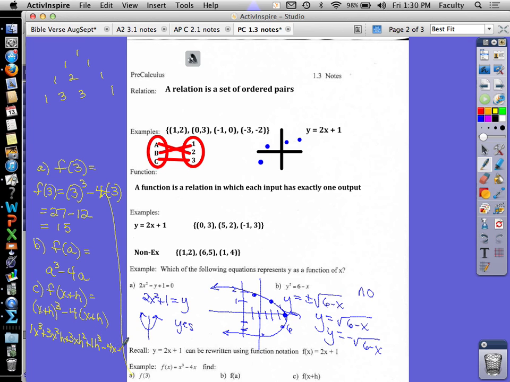And then we'll finish this up with a minus 4x minus 4h. 1, 3, 3, 1 are the coefficients, and it starts x cubed, x squared, x, then no x. Okay? And then I don't believe we have any like terms. That's it. Okay?